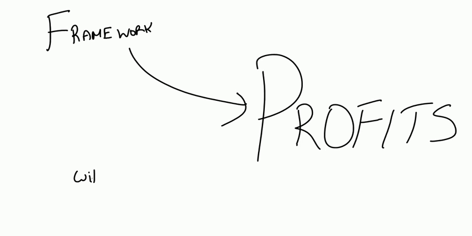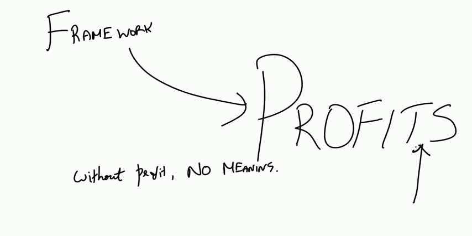Without profit, no meaning to business. So the framework should be designed in such a way that the profits get maximized. This is the ultimate goal for any company in the world.